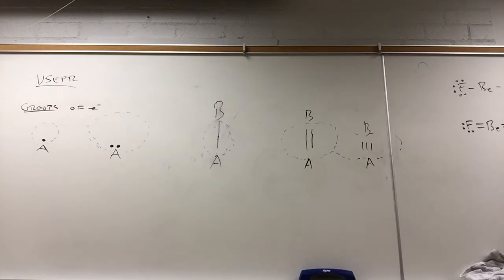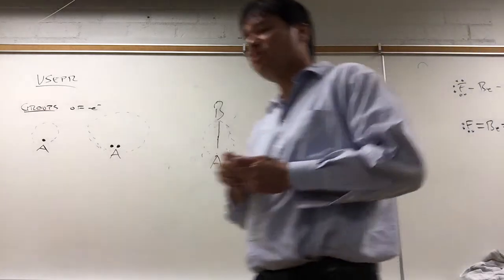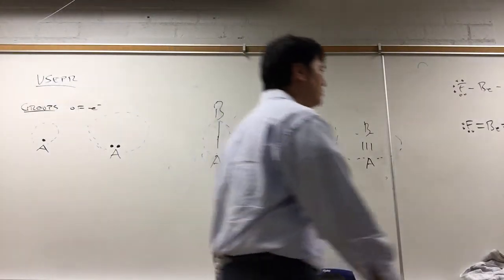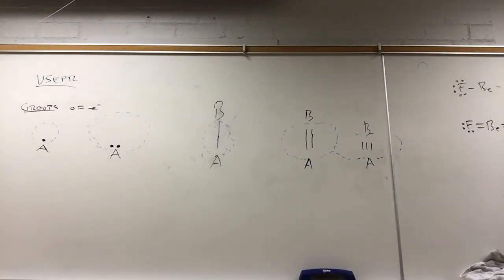Now beryllium has an octet. Does this structure look good? Well, it looks very bad. Does somebody know why? This structure looks awful because of the formal charges. The formal charge on fluorine is plus, and we've got a -2 formal charge on beryllium.